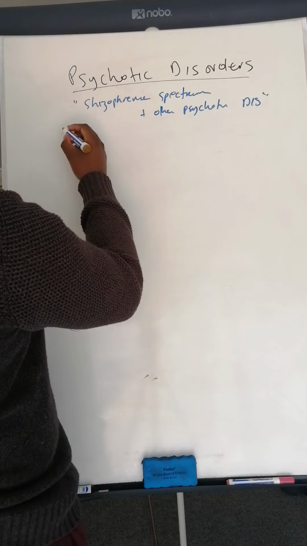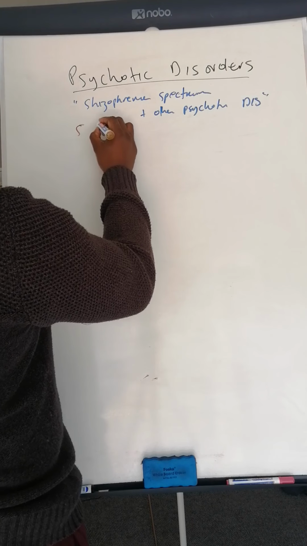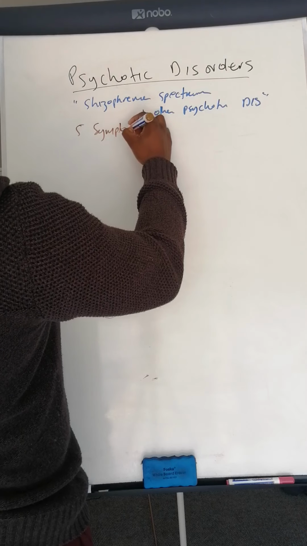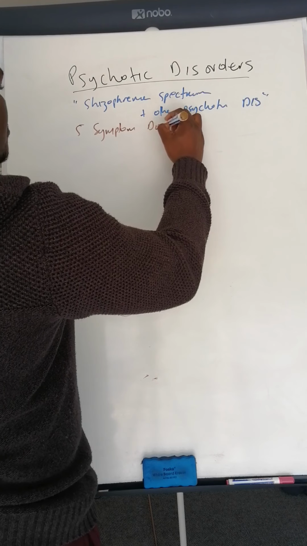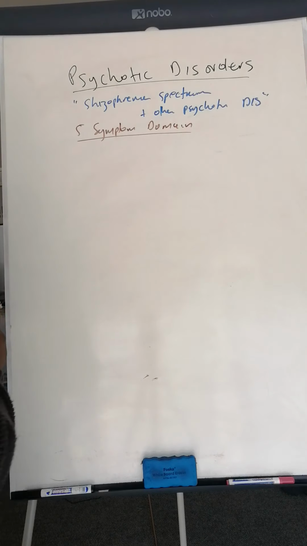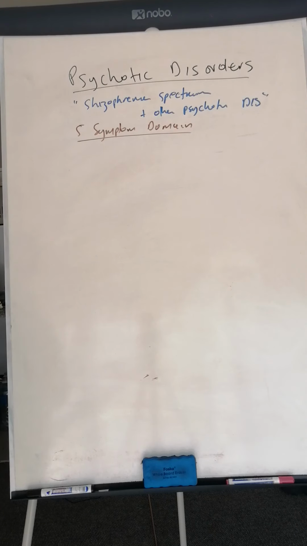This is what they call a 5-symptom domain. There's what they call a 5-symptom domain. So psychotic disorders, they share this 5-symptom domain.